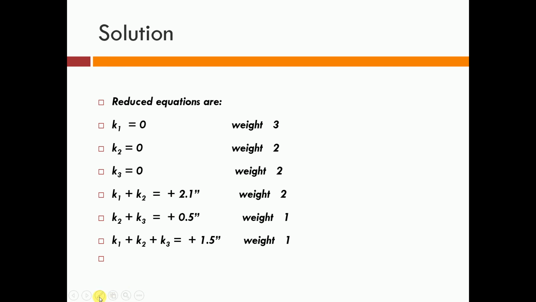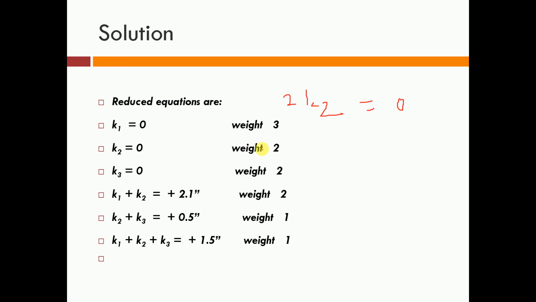So here, I can write the weight is 2, twice K2 is equal to 0. In the third equation, no K2. Then in the fourth equation, K2 is here, weight is 2.